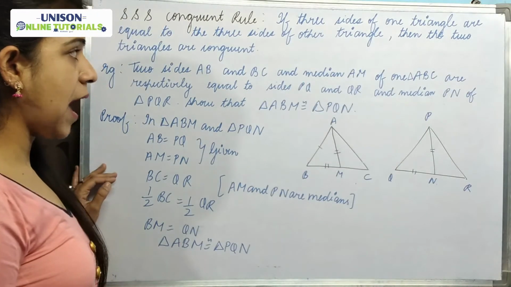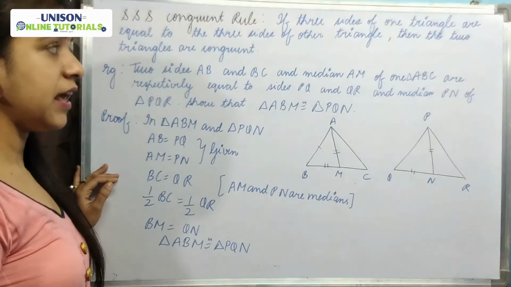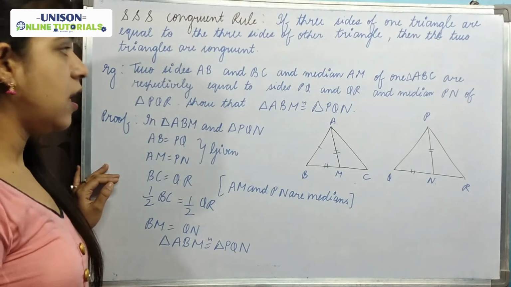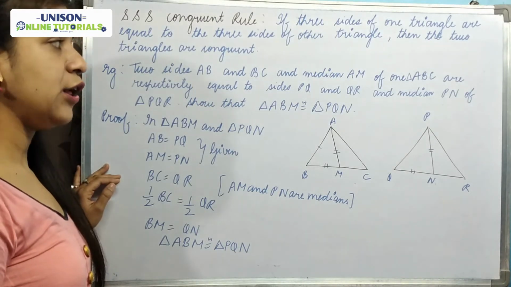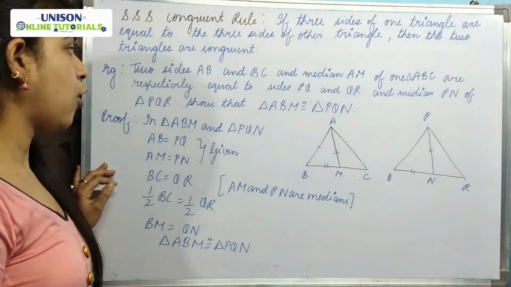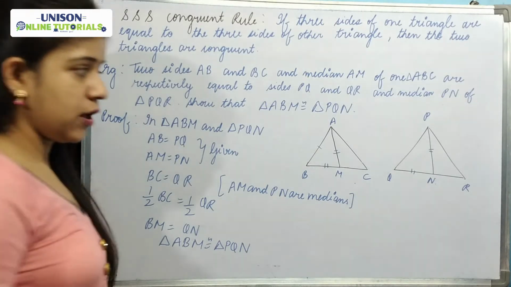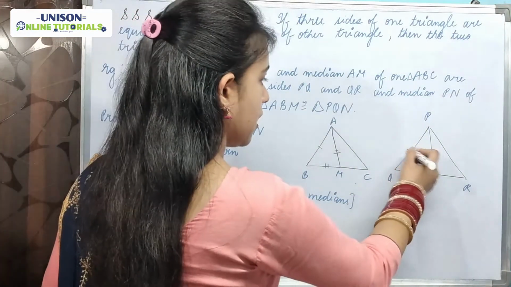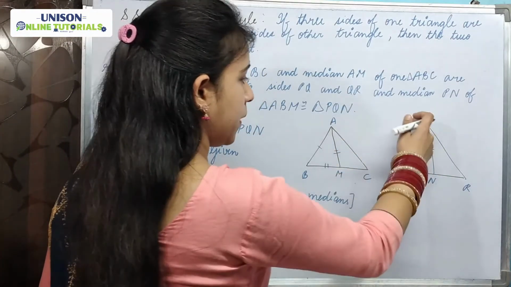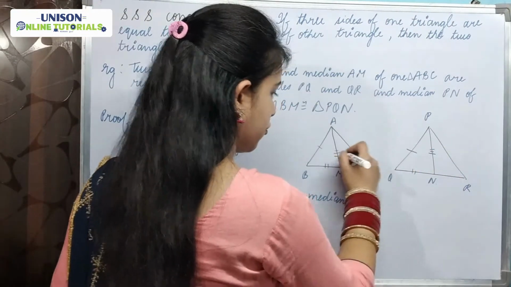Two sides AB and BC and the median AM of one triangle are respectively equal to sides PQ and QR and the median PN of triangle PQR. So here AB equals PQ, this is given, and AM equals PN, these medians are also equal.